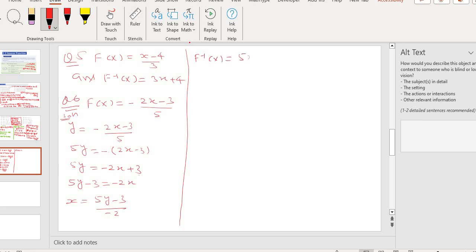So (5x minus 3) divided by minus 2, or you can write f inverse of x as 3 by 2 minus 5x divided by 2. You can write it like that one, or you can write it like that one. This is the answer of question number 6.